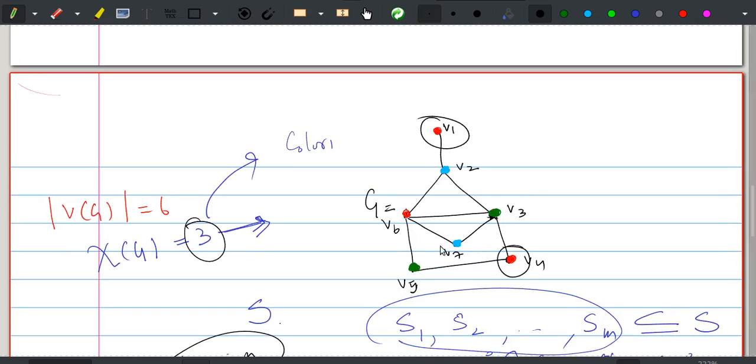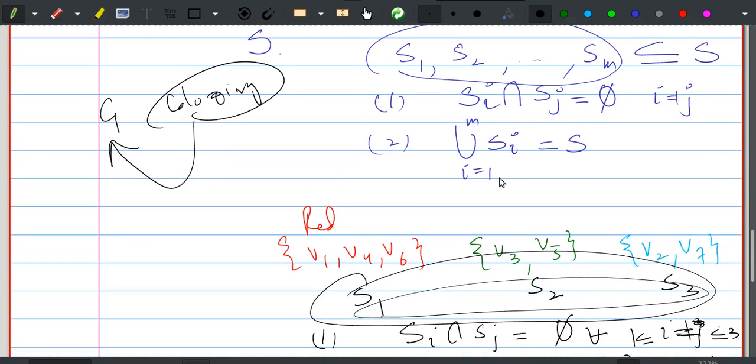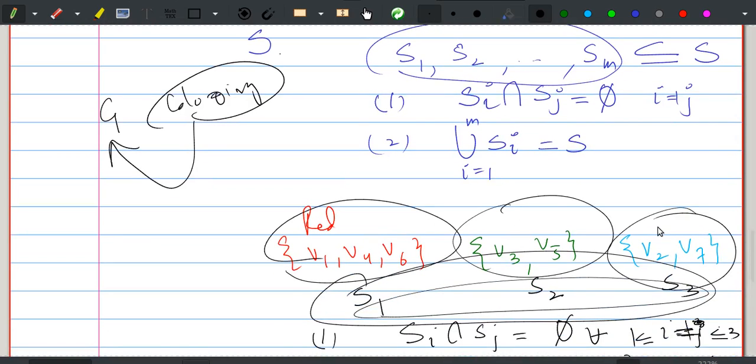No two vertices among these are adjacent, so they do form an independent set. By independent I mean the vertices in this set are not adjacent. So this is an independent set, this is an independent set, this is an independent set.